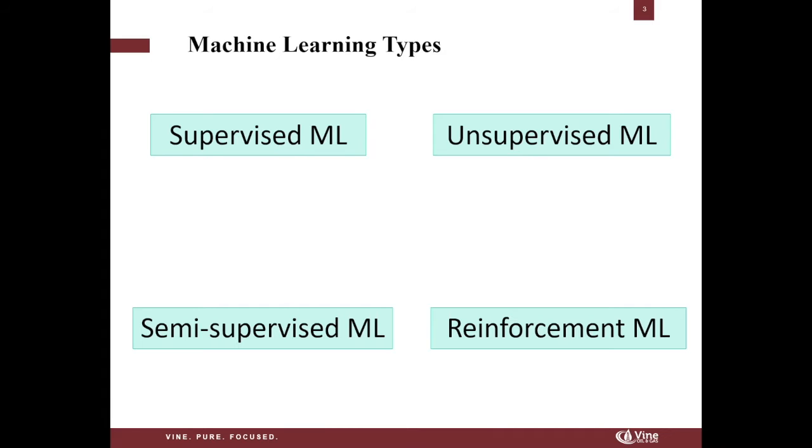The unsupervised is basically trying to cluster data. If you have a large data set and you're trying to cluster the data into different clusters, you can use different unsupervised techniques such as k-means clustering and hierarchical clustering and so on.